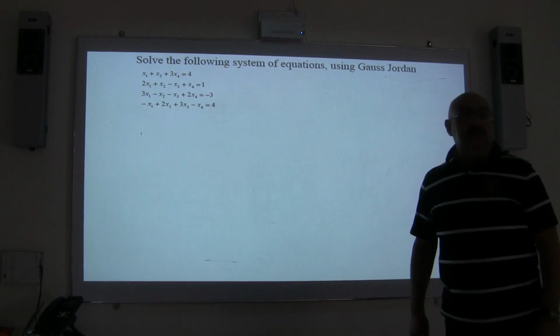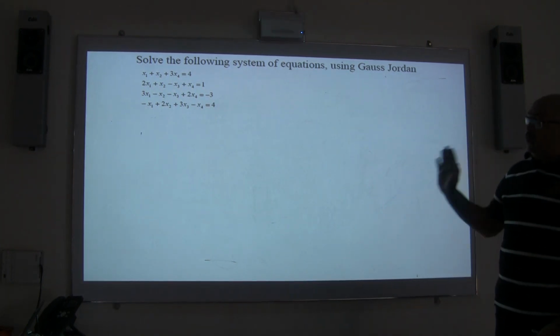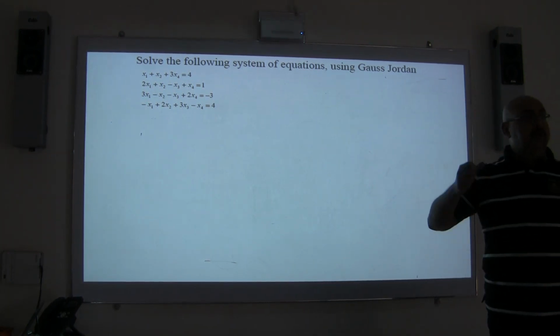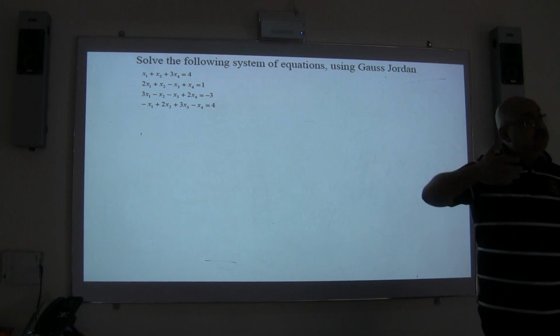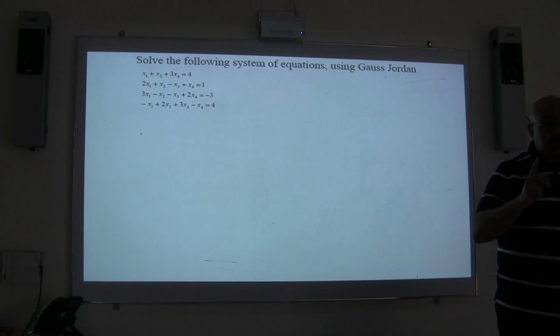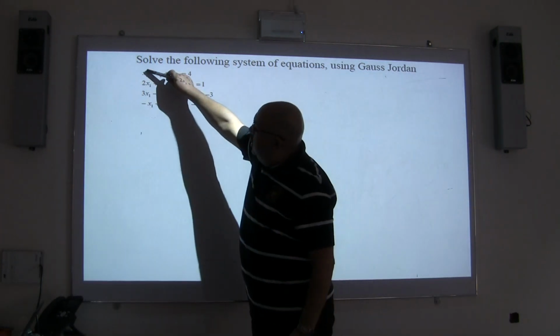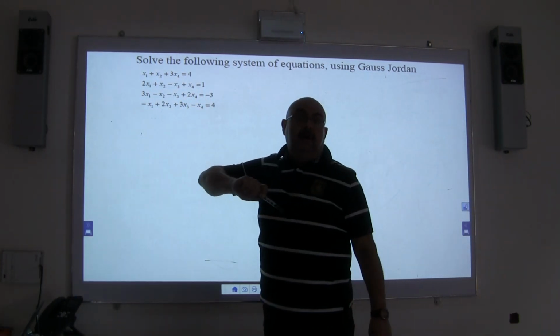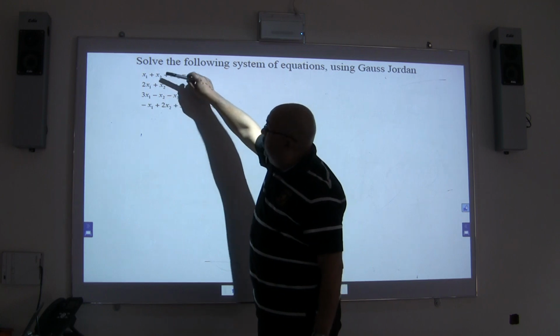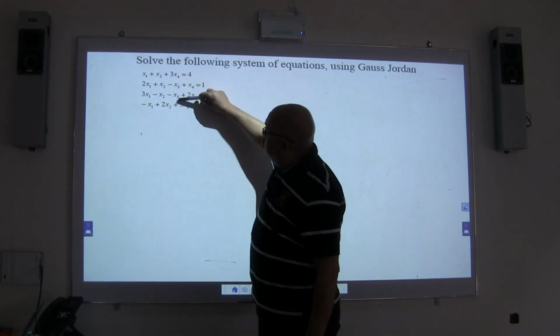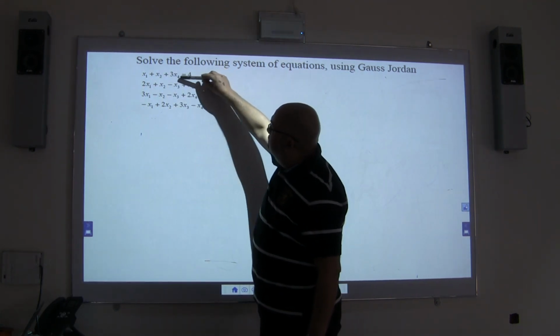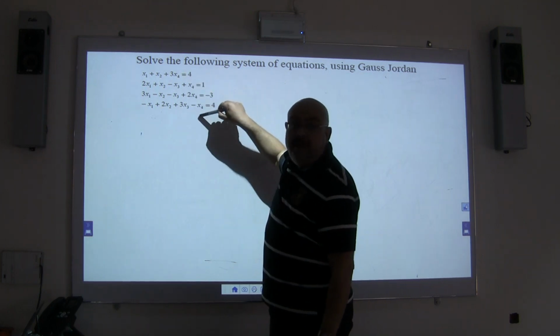The first step in order to solve such a system of equations is to put it in matrix form, which is very simple. All you have to do is check that it is well arranged. So this is x1 above each other, x2 the same way, x3 the same way, and that's for x4.